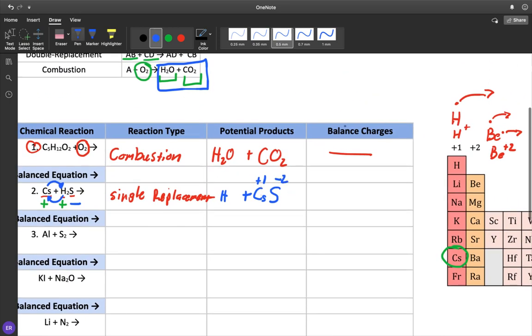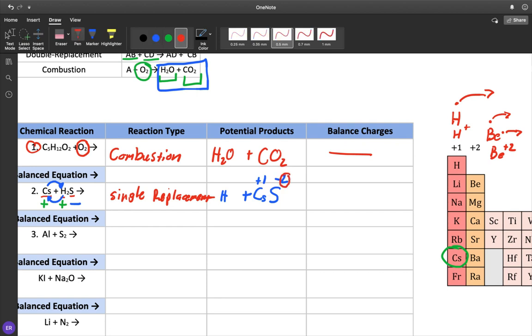So Cs was +1, and sulfur is -2. Okay, so when we're balancing the charges, we're going to ask ourselves, are these the same value? Because if they're the same value, then we just leave it as is. But 1 is not the same as 2, so these are different values. When we have different values, we are going to use the cross method.